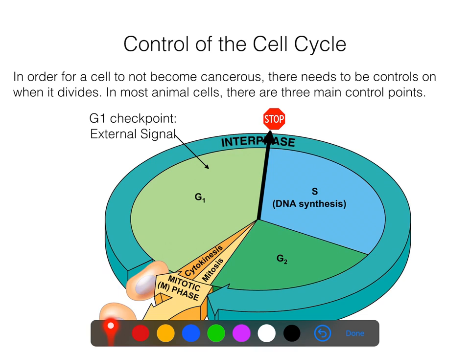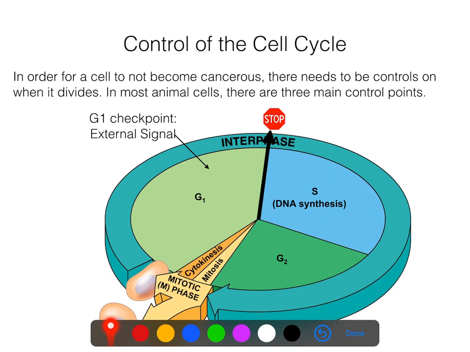Because actually, most of the cells in your body don't divide. Muscle cells, neurons, things like that largely don't divide. You have a pool of dividing cells called stem cells, and when you need replacements, say you need some new skin cells, for the most part your existing skin cells don't just divide.